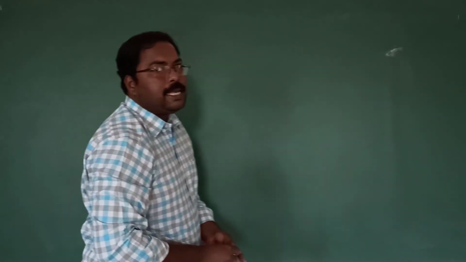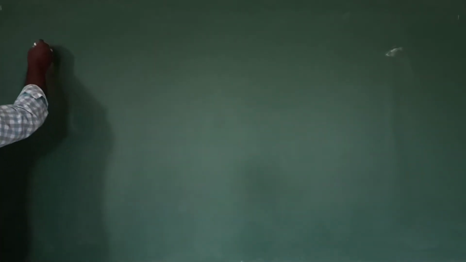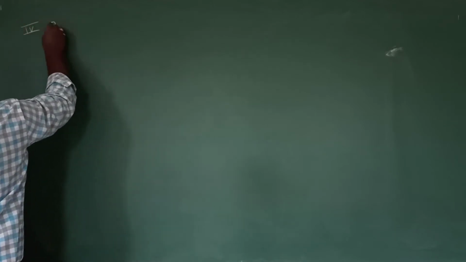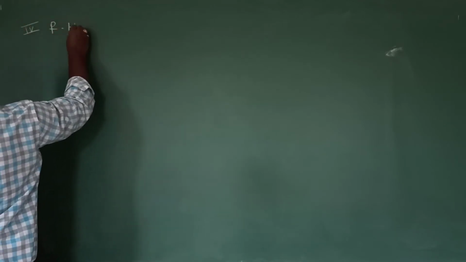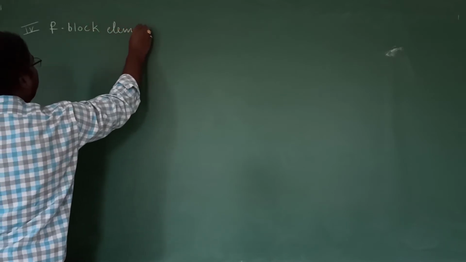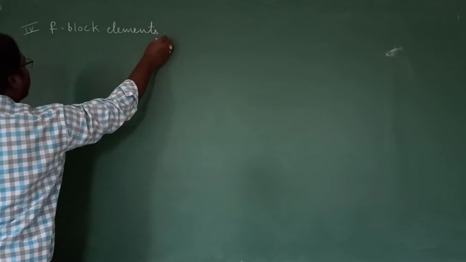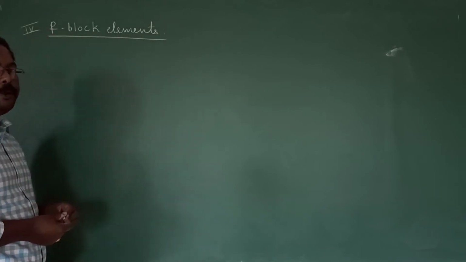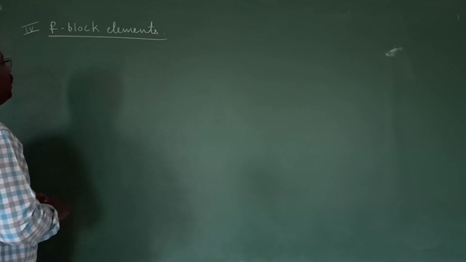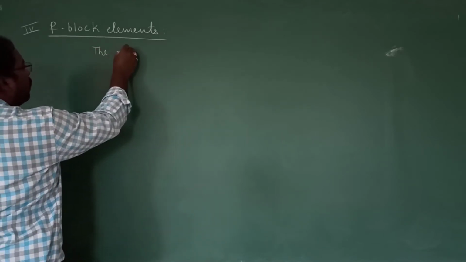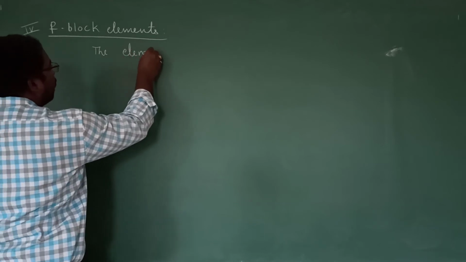Now coming to the last category, that is F block elements. As we all know, we discussed S block, P block, D block. Now coming to F block, you are able to write the definition on your own. What is that?